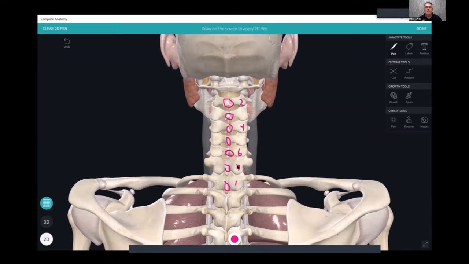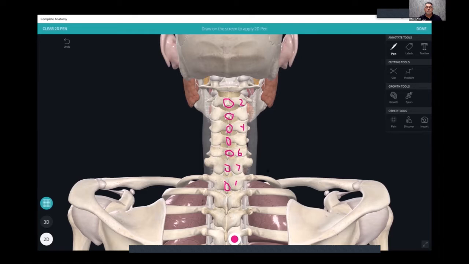So the easiest way between C6 and C7, in a person that's approximately 40 years of age or younger, when you extend the neck, C6 is going to move anteriorly, and then as you extend, it's going to come back to a normal position. C6 does tend to sit a little bit more anterior than C7 to begin with, but in a nice seated position with that extension, C6 will move forward.